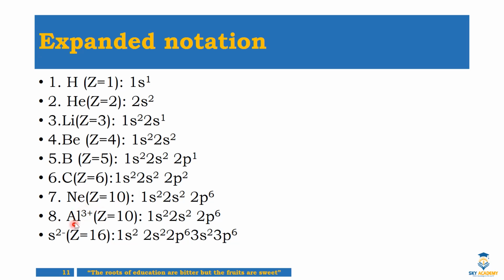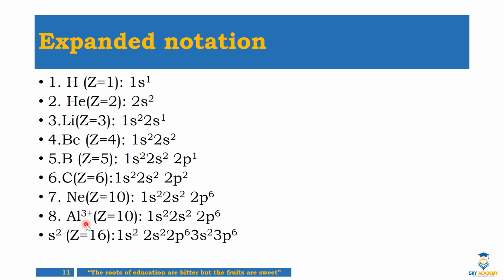For example, aluminium, which has atomic number of 13: 1s2, 2s2, 2p6, then 3s2, 3p1.